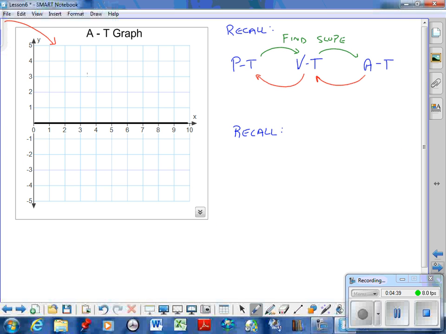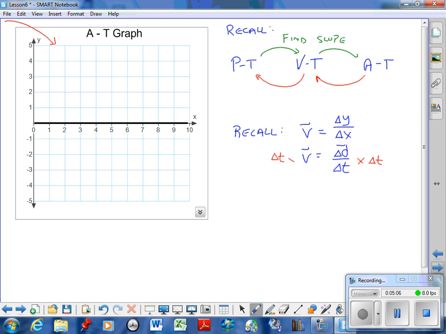So in order to find velocity, I took the slope of a position time graph. Okay, well, let's adjust that or make that formula a little bit more accurate. What does delta y represent? Delta y is your change in displacement over delta t. I want to find displacement now. So in order to do that, I need to isolate delta d, which means that I will need to multiply both sides by delta t.